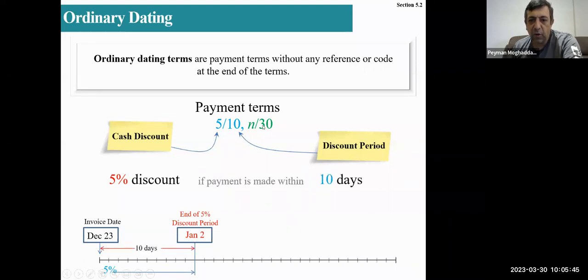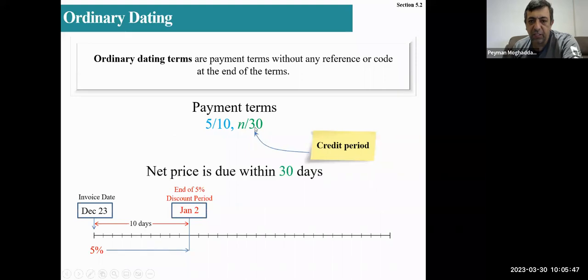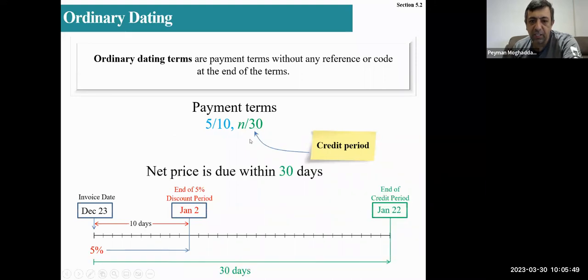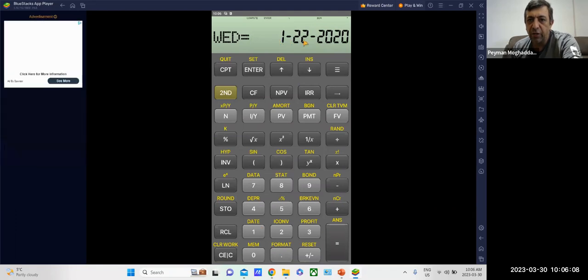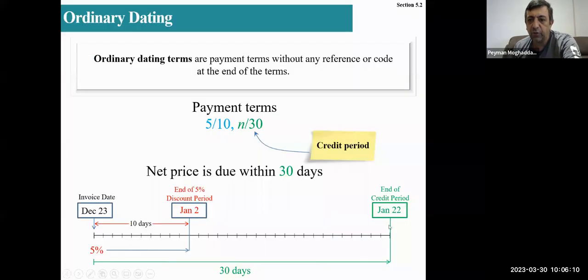And you also want to know what the 30 days is going to be, right? So let's add 30 days to that, guys. Still date 1 is going to be December 23rd, 2019. Now you go to DBD, add 30 days, enter, and then go back to DT2 and CPT. So January 22, 2020. So January 22.